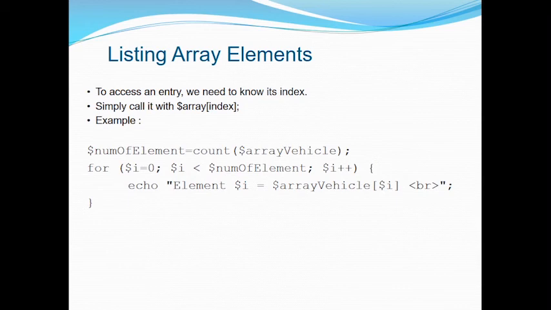Since the array usually has more than one index value, count will help you in accessing the actual number of indexes in an array. And later, you can access array elements individually, or you can use loops such as this for next loop to access or list all the array values simultaneously.